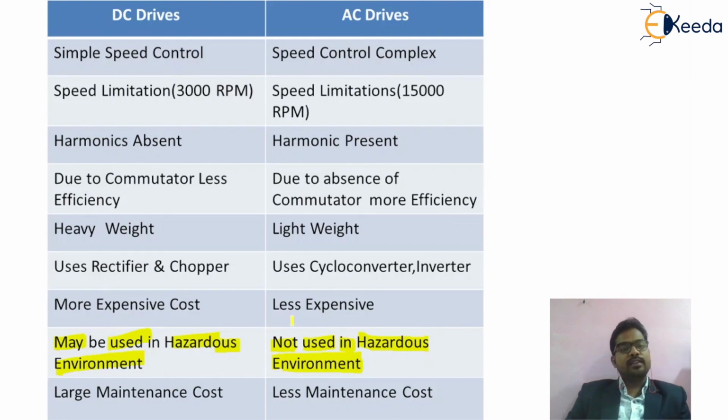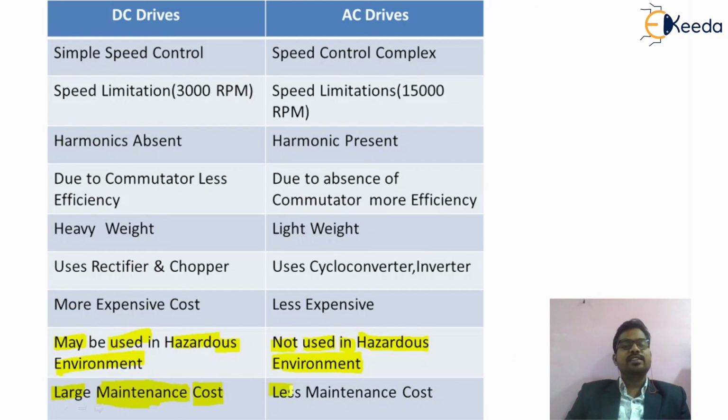Okay, then the next point of comparison in concern with the cost is the maintenance cost. Again, the maintenance cost of the DC drive is quite large, because in a DC drive we are using the carbon brushes and the commutator. So it will require frequent maintenance, so it will require large maintenance in concern with the DC drive.